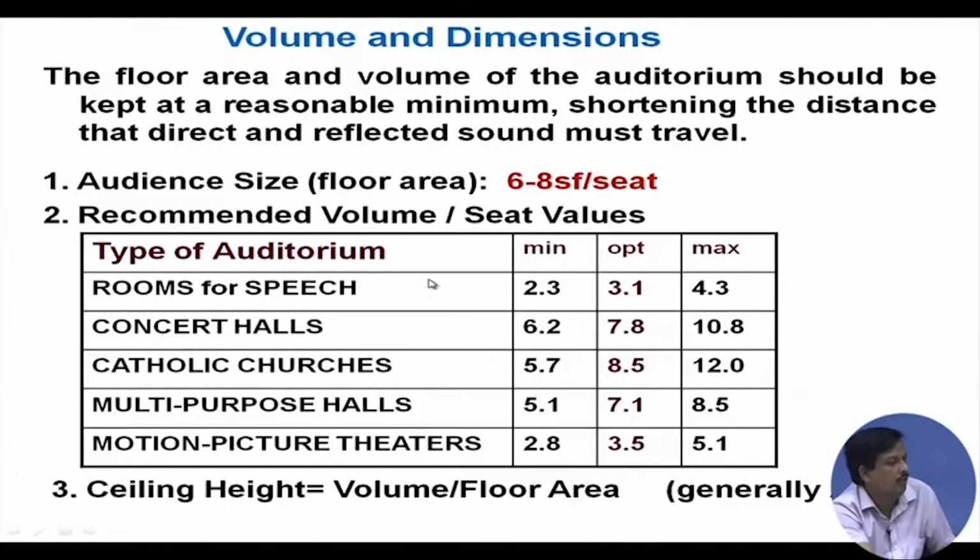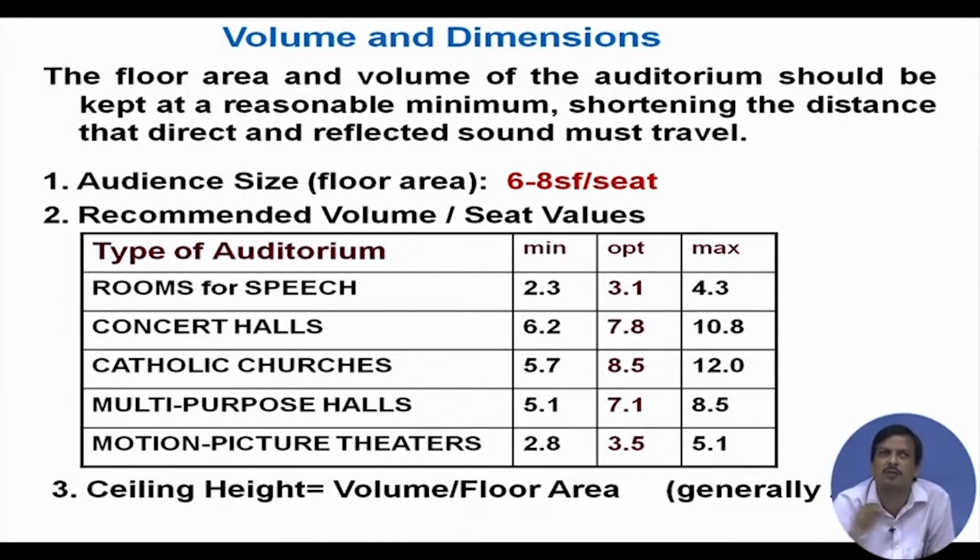Okay. Now, volume and dimension: the floor area and the volume of the auditorium should be kept to a reasonable minimum, because creating unnecessary volume is not required, it adds architectural and civil construction cost, and it also reduces the sound energy. So, I have to minimize the volume, shorten the distance between stage and people.